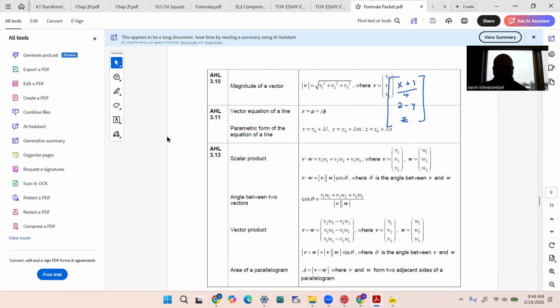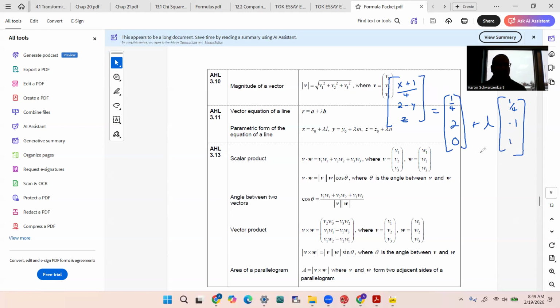So, parametric form. I think this is going to be 1/4 to 0 plus lambda 1/4, -1, 1.